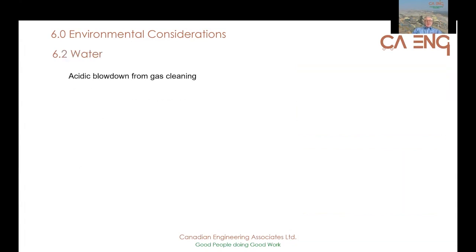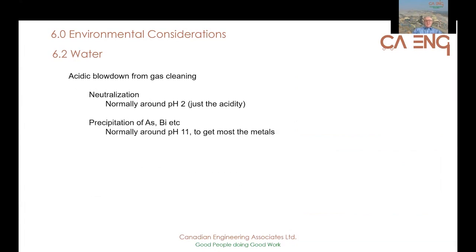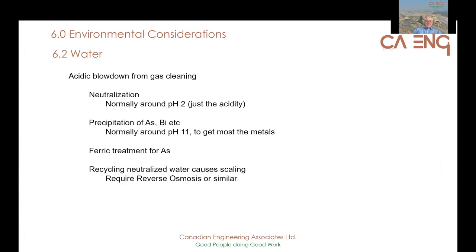Water is interesting. The big problem of water is coming from the acidic blowdown from wet gas cleaning. It needs to be neutralized for this acidity to make, in inverted commas, clean gypsum. You need to precipitate the metals, normally with lime, up at high pH. You often need ferric treatment to clean up the last little bits of, say, arsenic, so the water can be discarded.